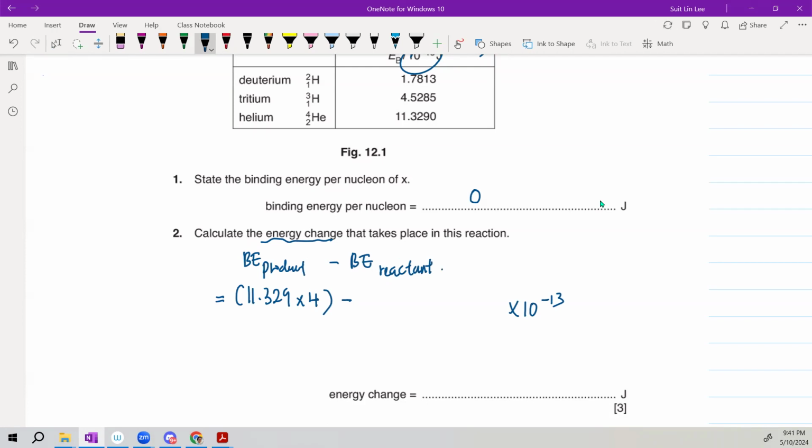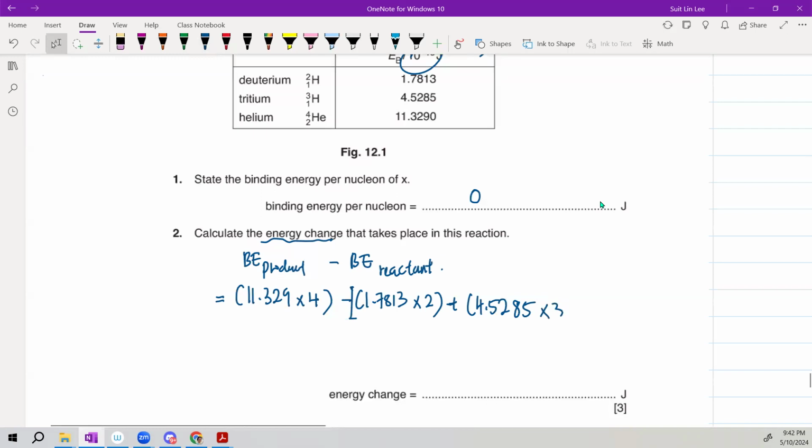Okay. My reactant would be deuterium, 1.7813 times 2, because the nucleon number is 2, plus 4.5285 times 3. And this whole thing, we would multiply by 10 to the power of negative 13.